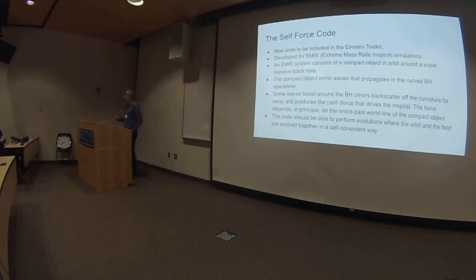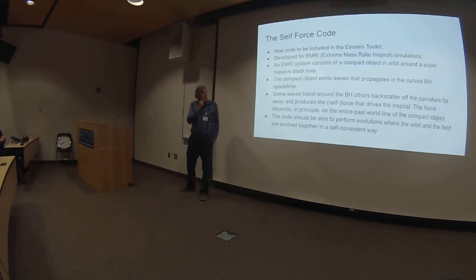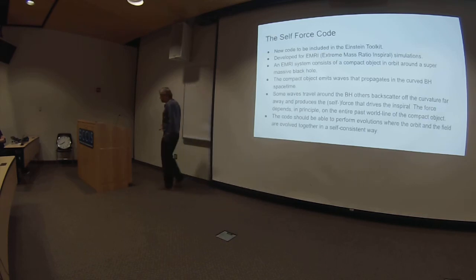It was supposed to be a place where we could have a family of related codes. And that's never happened. But we're looking at, hopefully before the next release of Cactus, making that true. We'll make that true by putting Peter's self-force code in there. And it's developed for every situation, the extreme mass ratio inspiral.